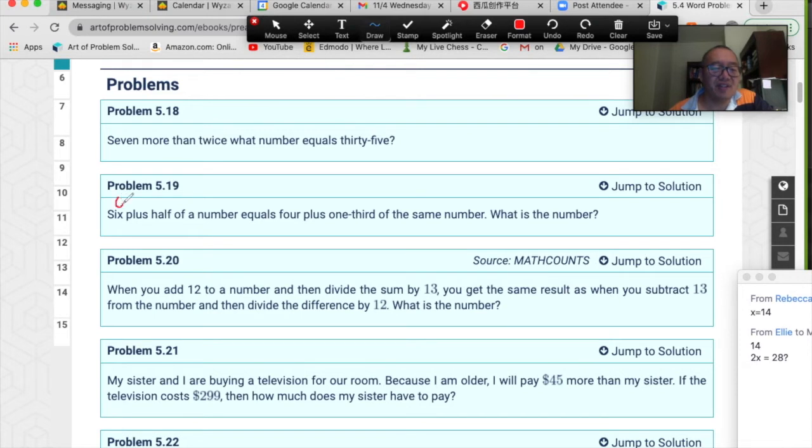So this one's 6, plus half of a number. We don't know that number. Let's suppose that number is x, then divided by 2, because it tells you half of a number. This equals 4 plus 1/3 of the same number, x divided by 3.